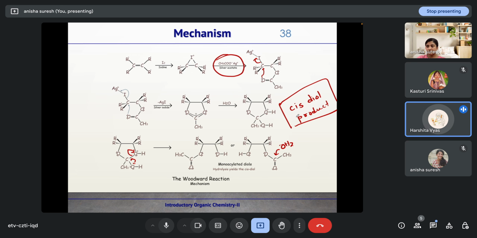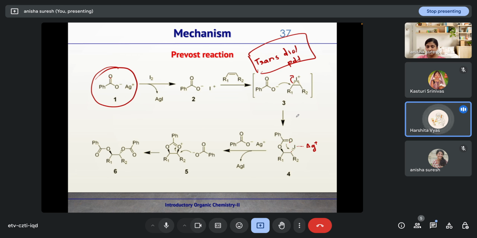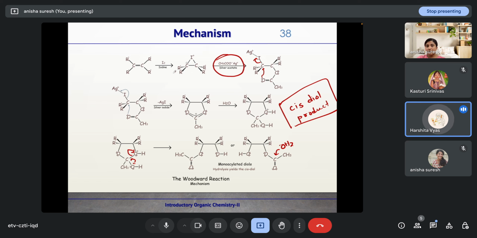Ma'am, as in Prevost reaction, benzoate ion is attacking as nucleophile. Why in this reaction is acetate ion not attacking as a nucleophile on the carbonyl carbon? Here, why is water attacking? We are also having acetate ion. Maybe reactivity is lesser compared to that of water.